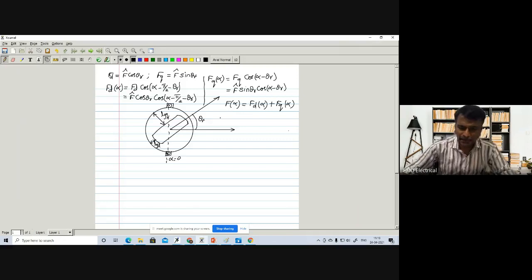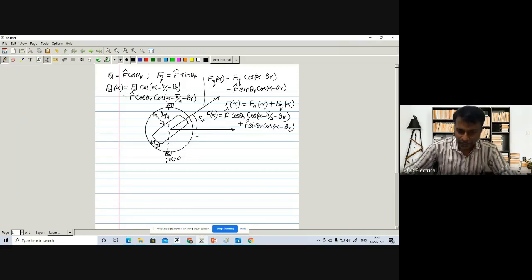If you add these two, F of alpha is F cap into cos theta r into cos of alpha minus pi by 2 minus theta, plus F cap into sin theta r into cos of alpha minus theta.